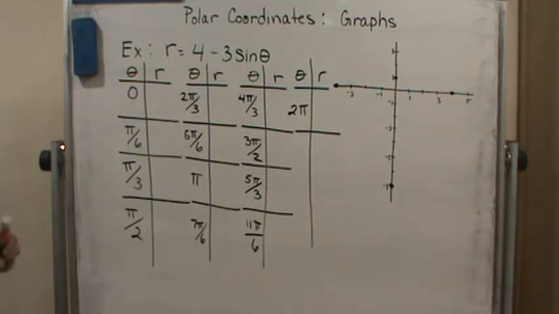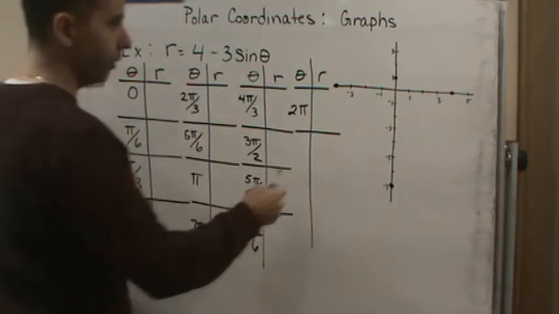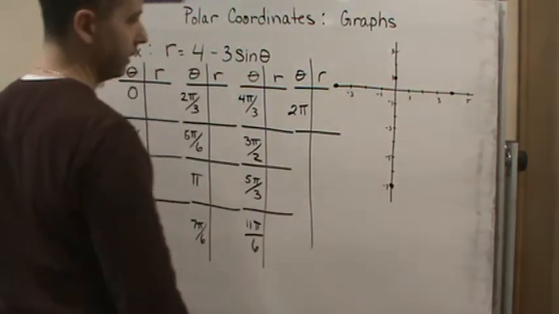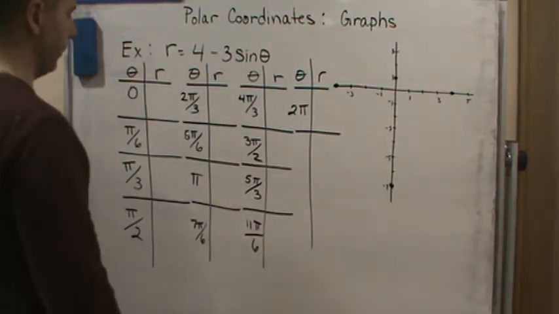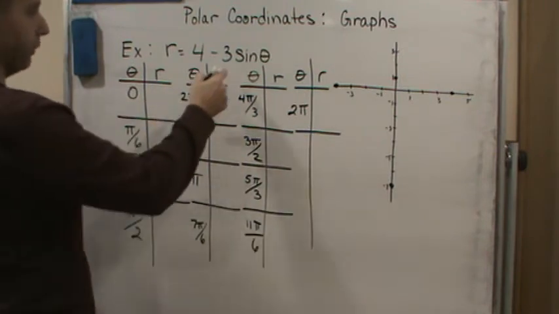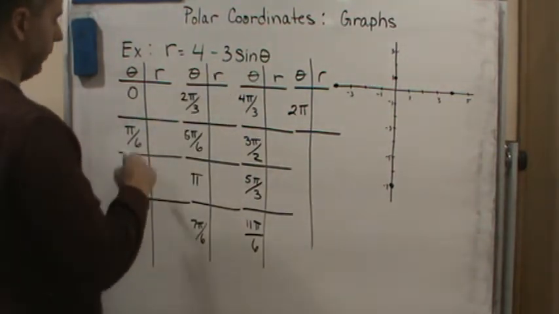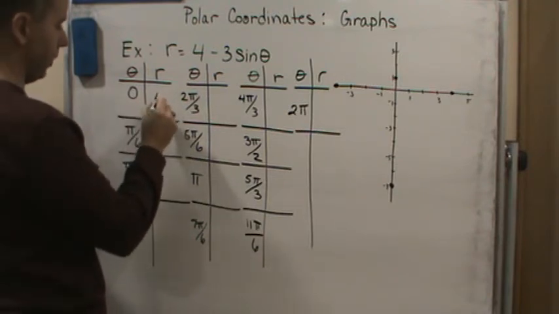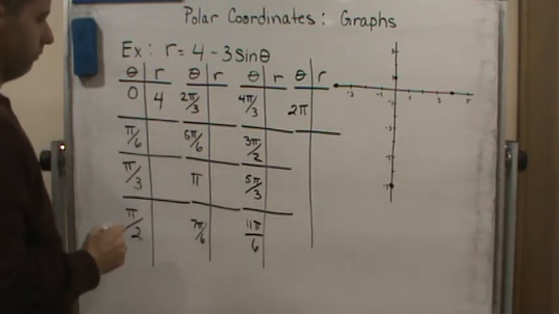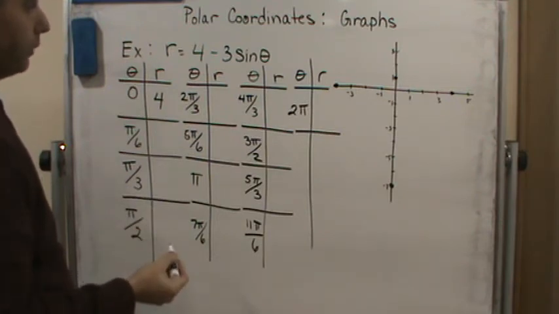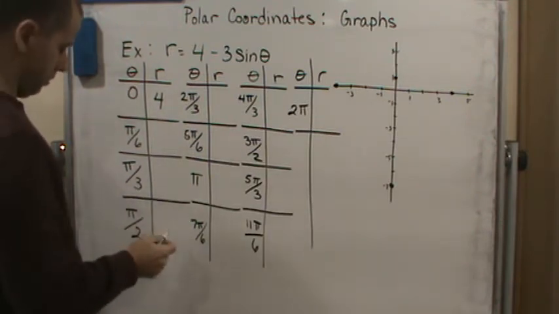Okay, so let's put in the values that we know. So we know it's going to be 4 and negative 4, right? So we're dealing with sine. So here at 0, it's 4. And at pi over 2, it's 1.